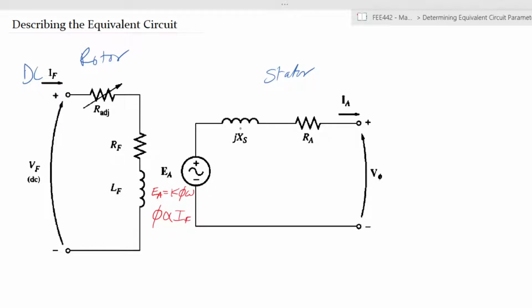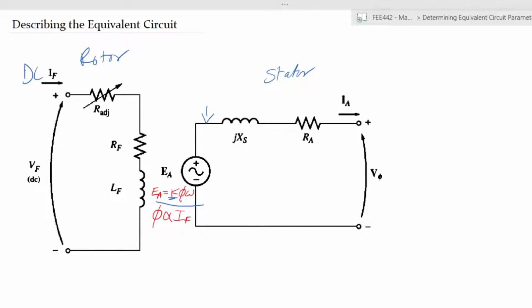Remember, this is a per phase, so there will be three of these windings within the stator. The induced EMF within the stator is determined by those parameters that we saw. K is the construction of the motor itself, or the construction of the armature windings.